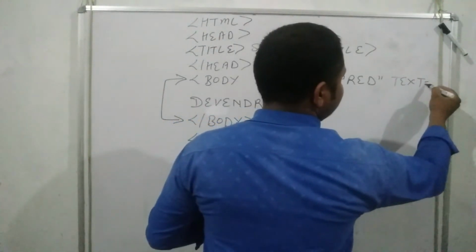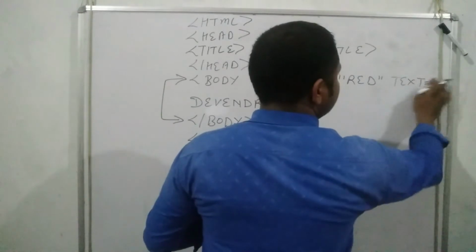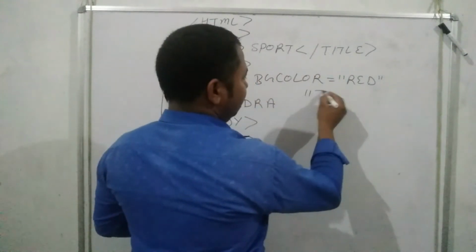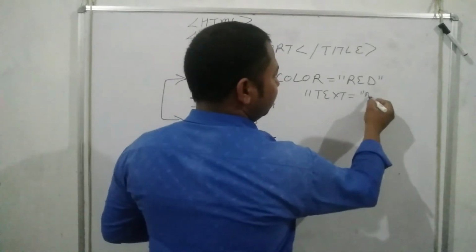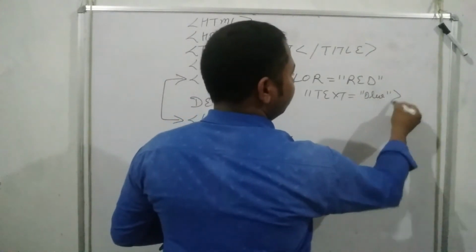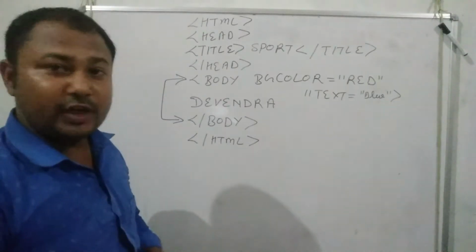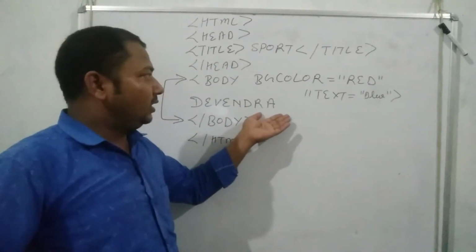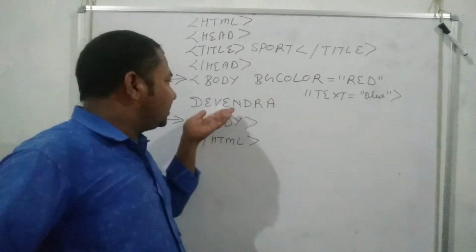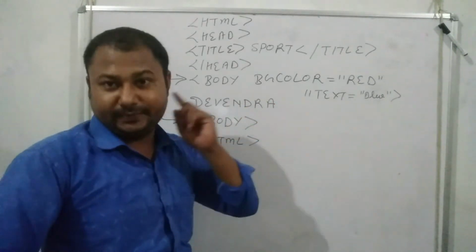Text is equal to, suppose, text is equal to blue, BLUE, blue. And when we run this code, it will give you the text color in blue.